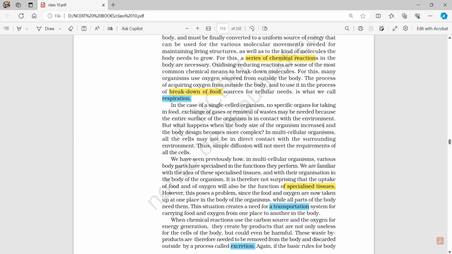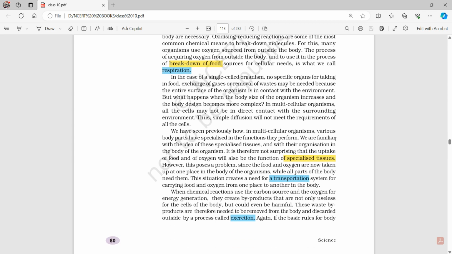But what happens when the body size of the organism increases and the body design becomes more complex? In multicellular organisms, all the cells may not be in direct contact with the surrounding environment. Thus, simple diffusion will not meet the requirement of all the cells. We have seen previously how in multicellular organisms various body parts have specialized in the functions they perform.